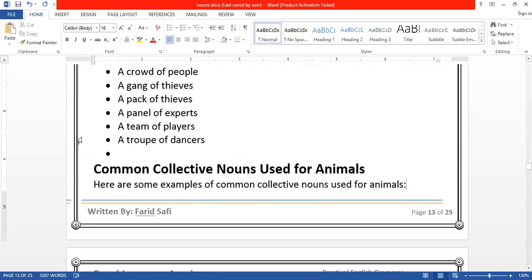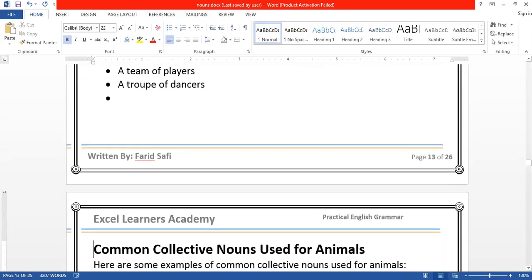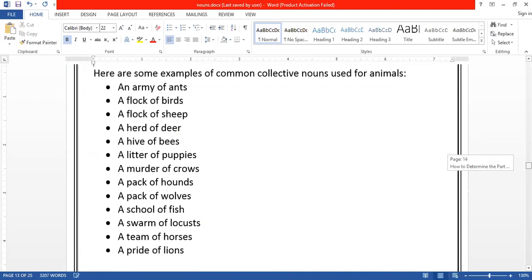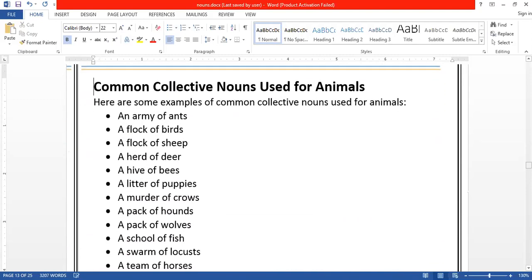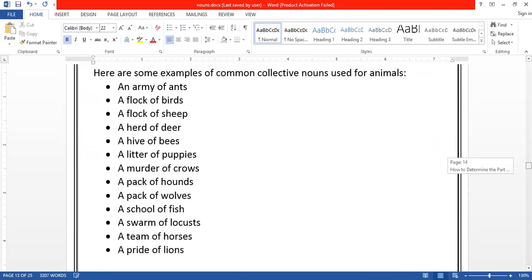Also, you can have more examples of common collective nouns used for animals. Let me show you. If you want to note it down for yourself, you can. Can you see these are used for what? For animals, like an army of ants. Army is a collective noun.